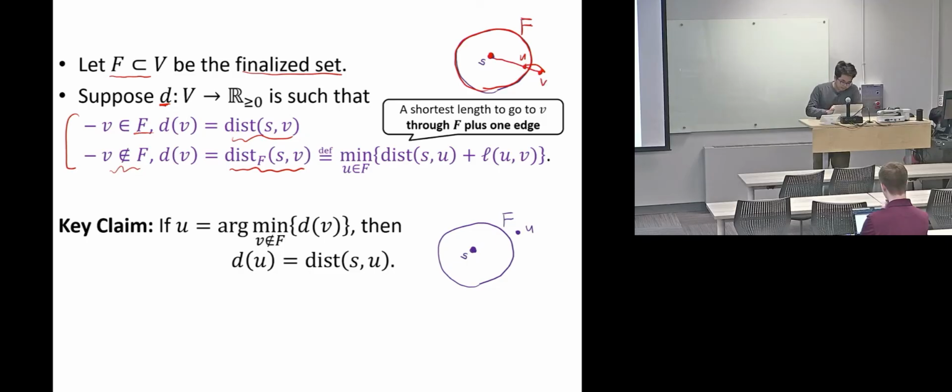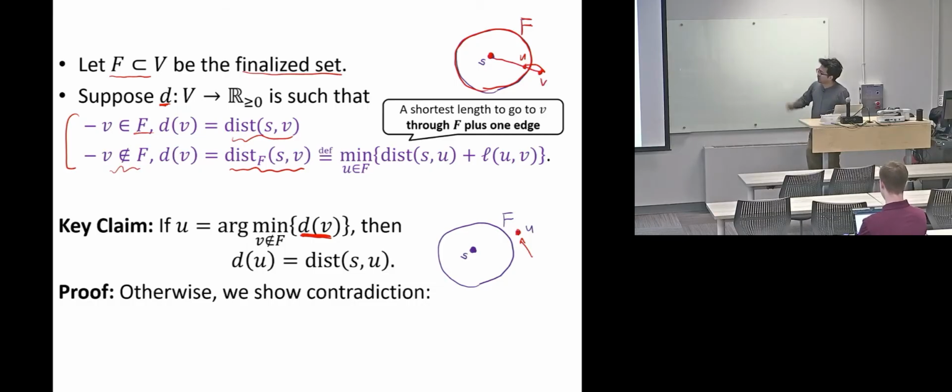So basically, take the guy that is not finalized but closest, whose estimate is minimized. Then the estimate we have is already correct. Okay, so let's try to prove this. It's actually the key claim. Suppose that it's not the case.